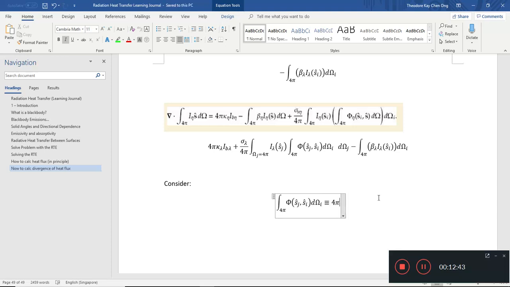It's equivalent to 4 pi because we use the total solid angle as a normalization factor.